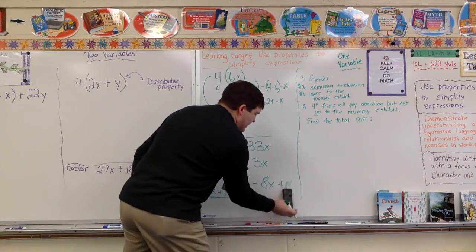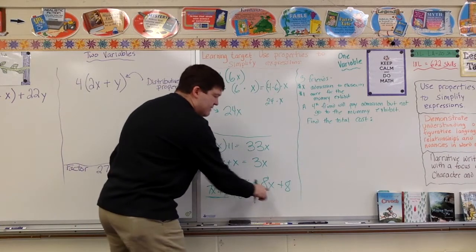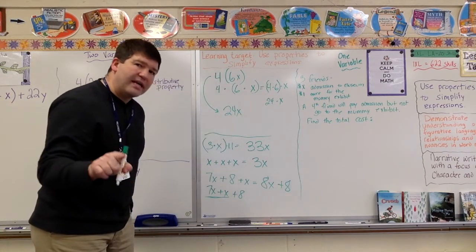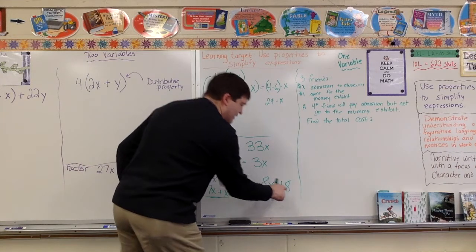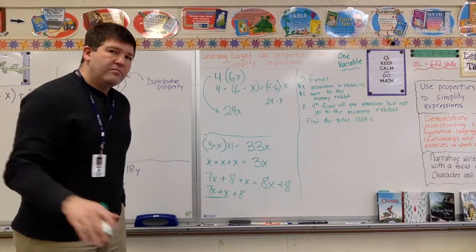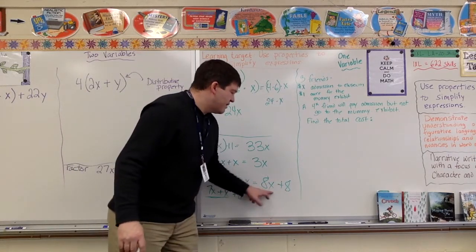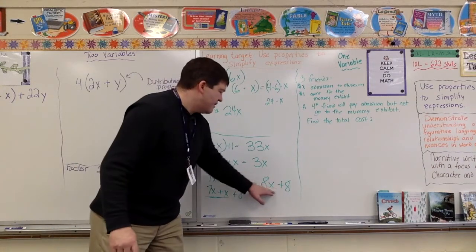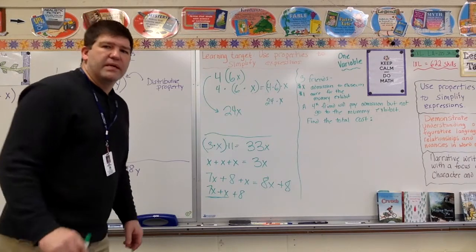Now, I can't get 16x, and the reason why I can't get 16x is because this is 8 times x plus 8. If they were all times, then it would be a different issue. But because there's a multiplication here and addition here, these are not like terms. This is an x, and this is just a number. So that's as far as we can go.